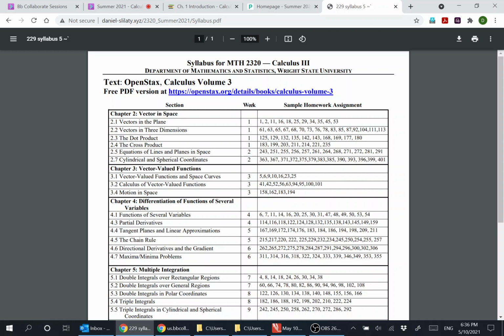I will add to those, or maybe take away some as we go on, to draw your attention and get you practice with more types of problems. Also, I'm going to have to add section 2.6 into chapter 2. 2.6 is not on the syllabus, but we really do need to cover it.